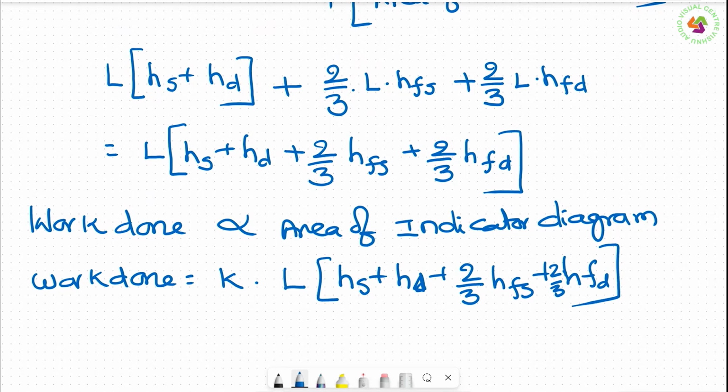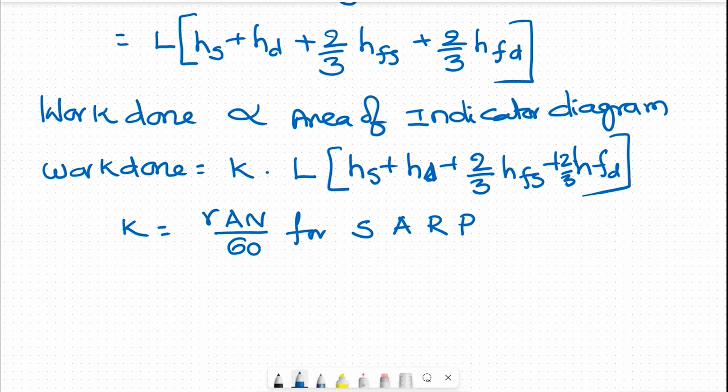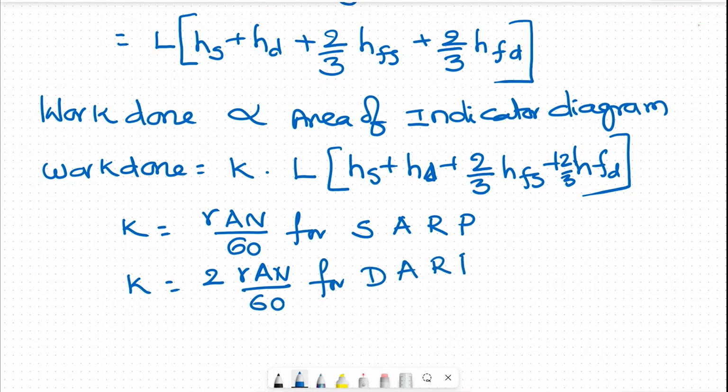This is the thing where K is equal to gamma AN by 60 for a single acting reciprocating pump, and K is equal to 2 gamma AN by 60 for a double acting reciprocating pump.